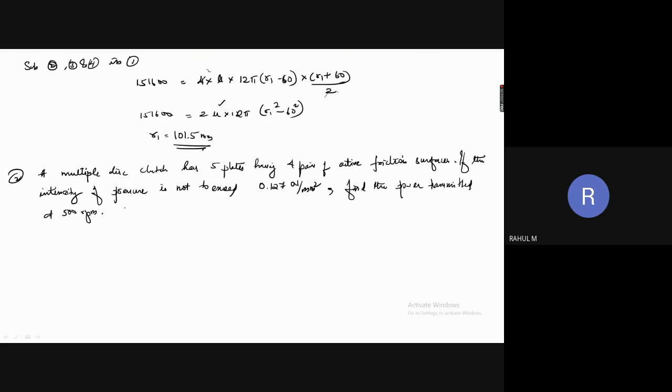The outer and inner radii of friction surfaces are 125 mm and 75 mm respectively.